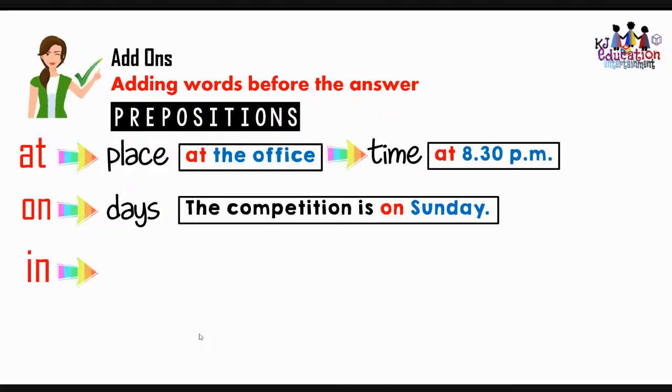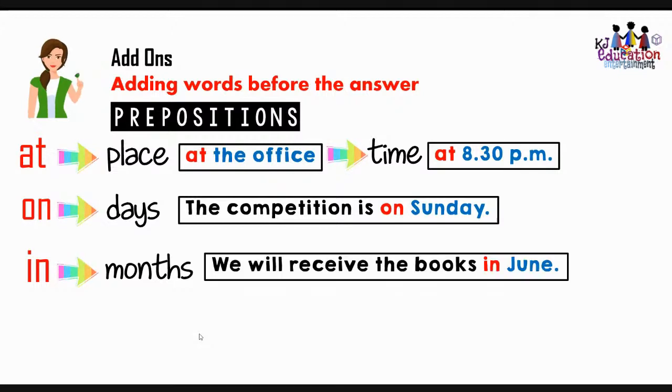The next one is in. In will be used for months. For example, we will receive the books in June. The preposition in is used before the name of the month, June.